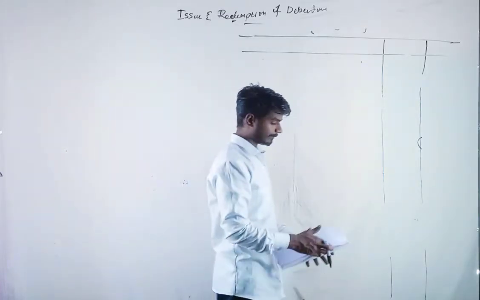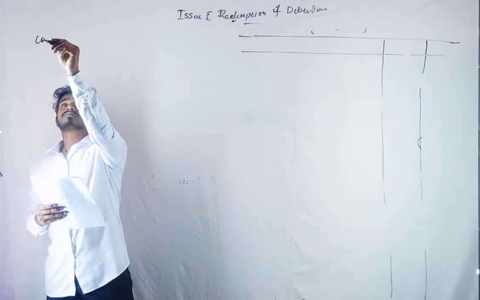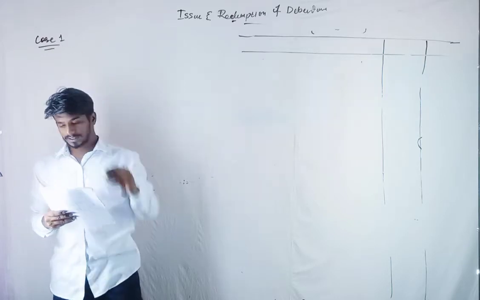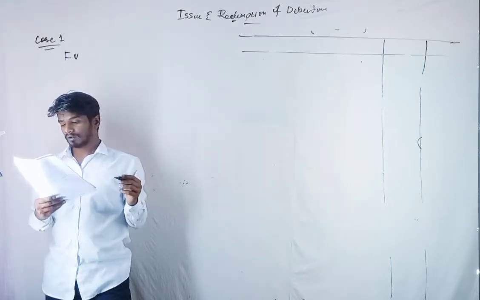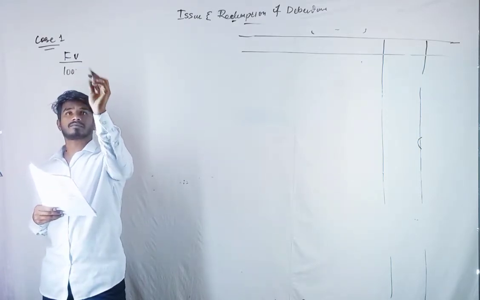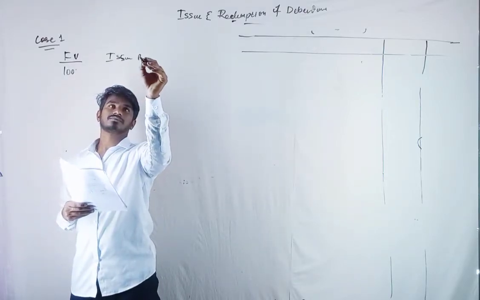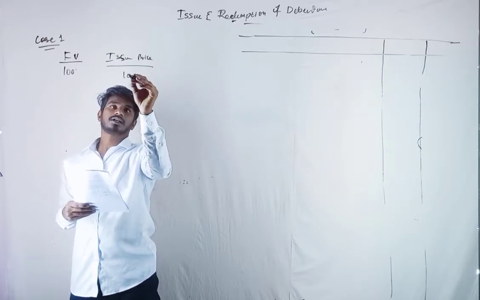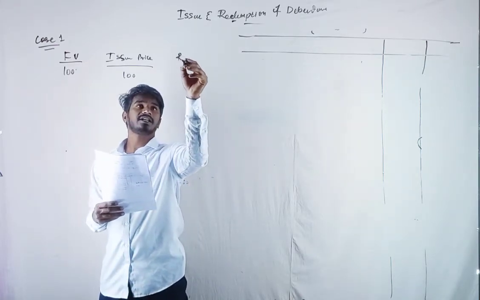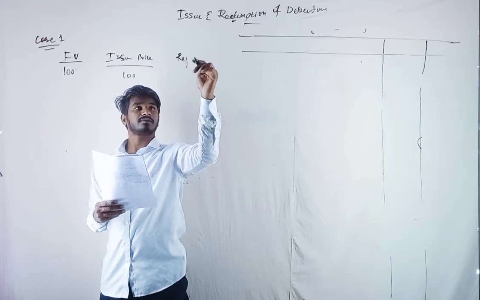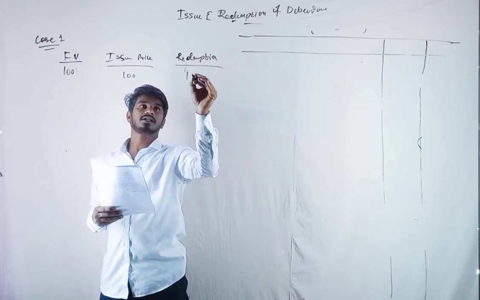Okay, case 1. What is case 1? We have a face value of 100, right? Then we are issuing at 100 and repaying it, redemption at 100.